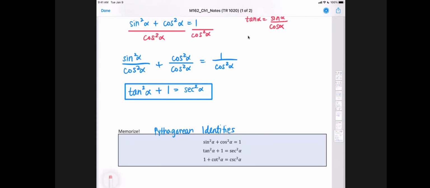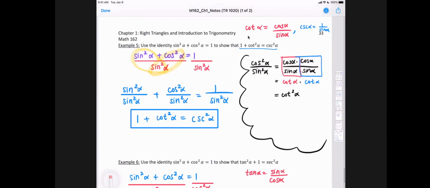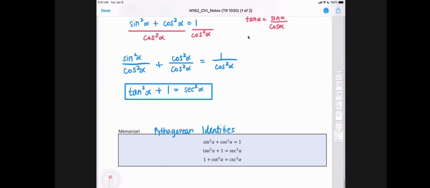So personally, I don't have these memorized. I only have sine square plus cosine square equal to 1 memorized. And if I need these other two, I know how to get them, right? You just divide by either sine square or cosine square to get the tangent or cotangent.